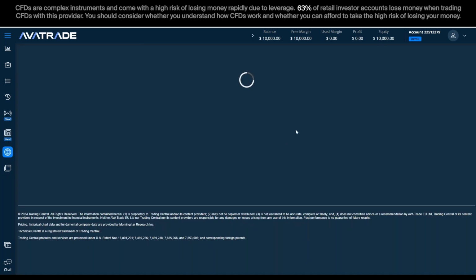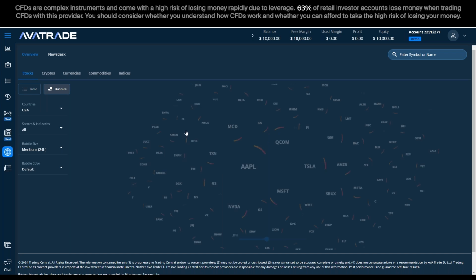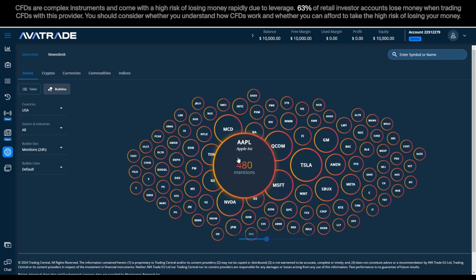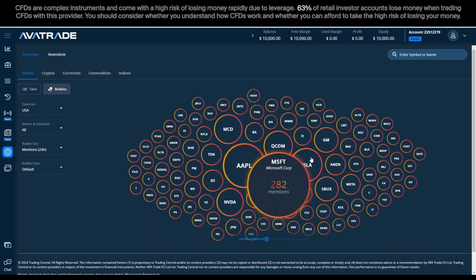Okay, and in market buzz, the way things are displayed is like little circles, bubbles. We're going to see it in a moment. Okay, and in those bubbles we can see a particular stock and how much it's mentioned. Okay, so we have Apple here 480, Nvidia 244, Microsoft, Tesla. Okay, and I can just pick one.